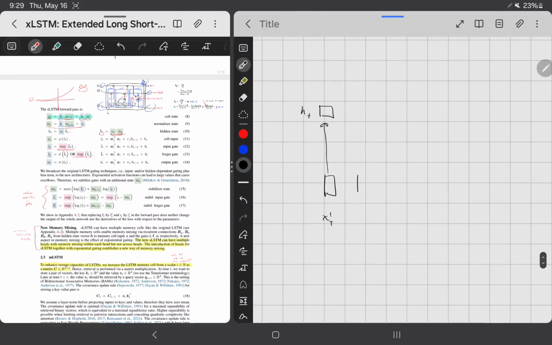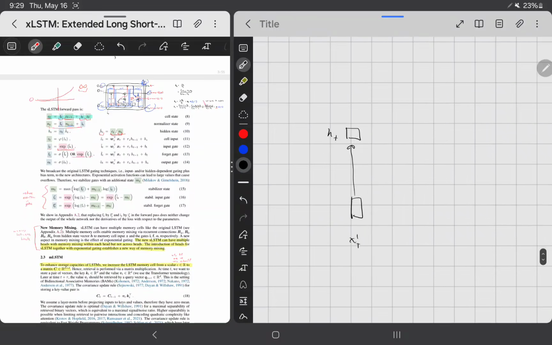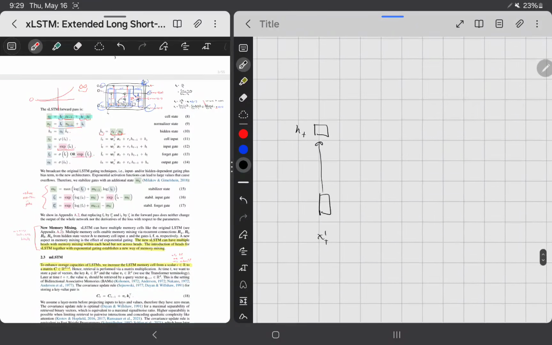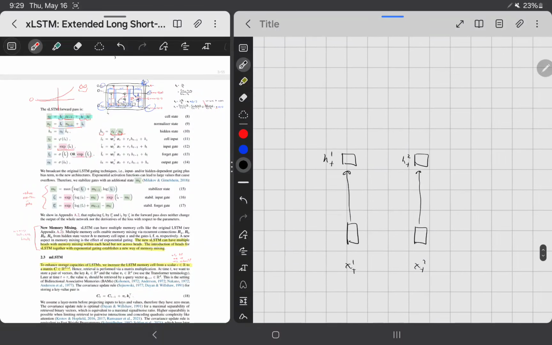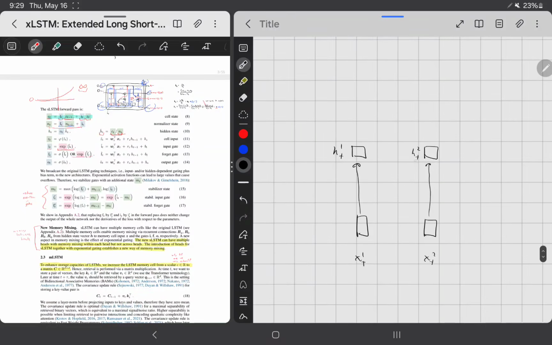Now, if I do this with another vector, I'll draw it next to it, xt2. This will give you another, we'll call this h1 and h2. So this will give you a hidden state at time t, but only for this here.